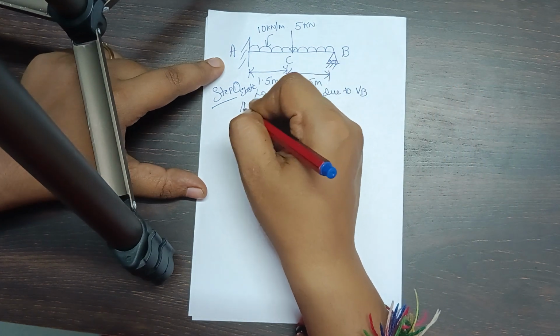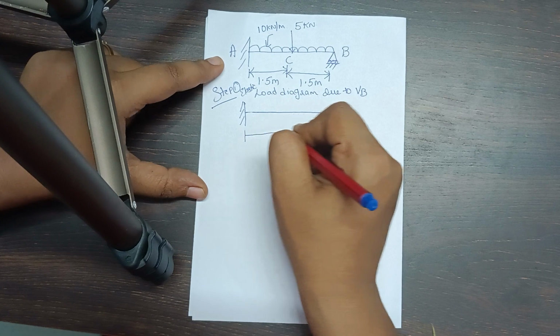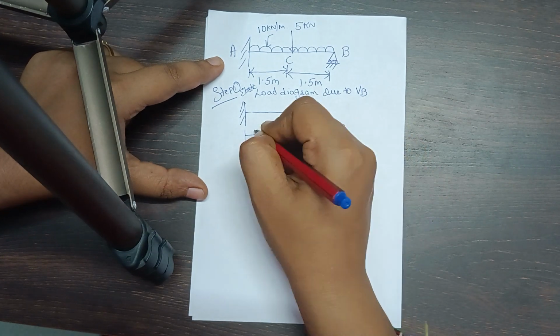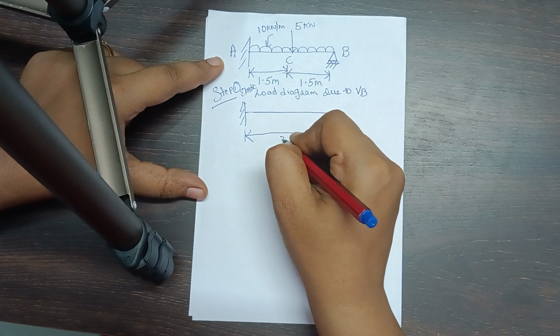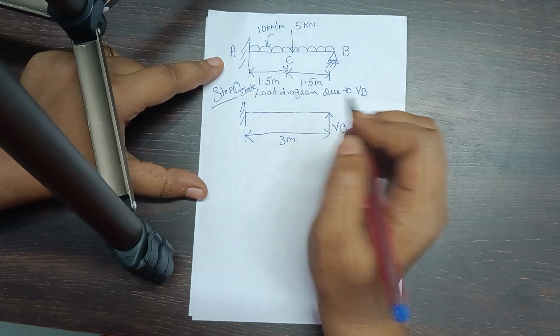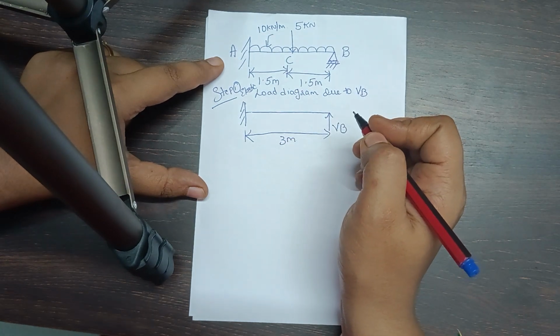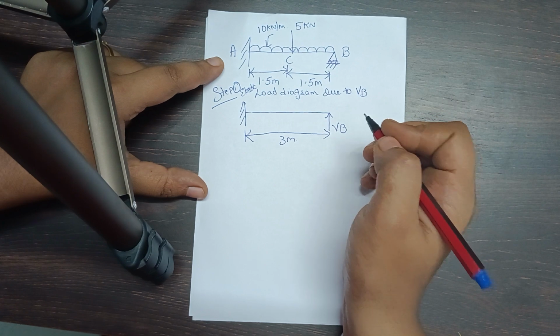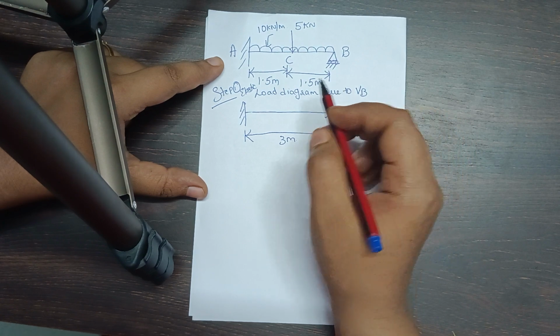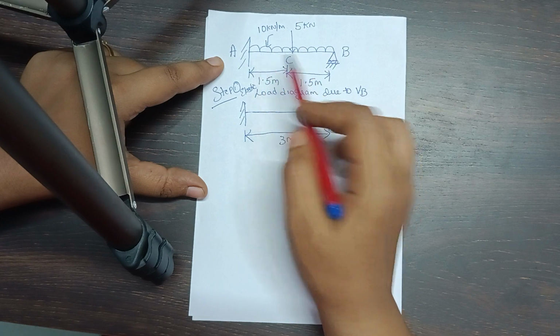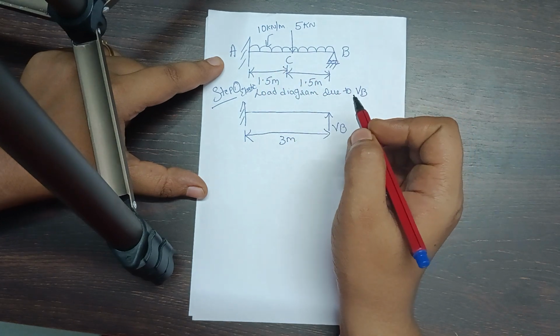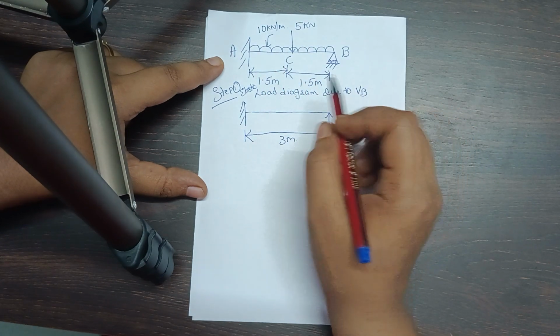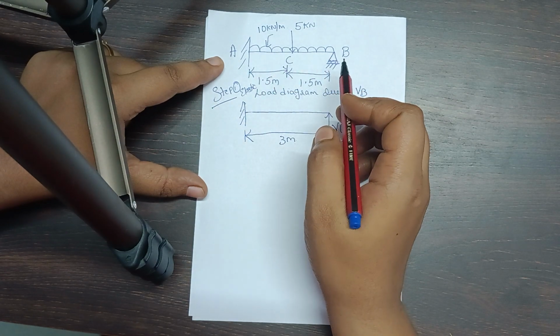So here you will be having the fixed support at A, and the span is equal to 3 meters. I am going to concentrate only on the support reaction at B, that is VB, other than any other loaded cases.